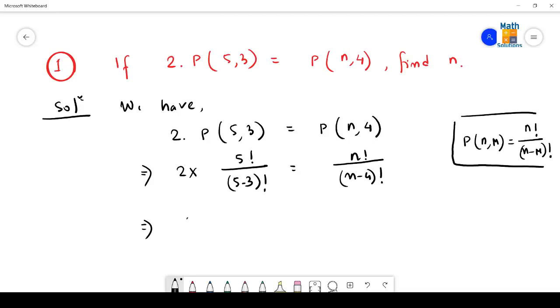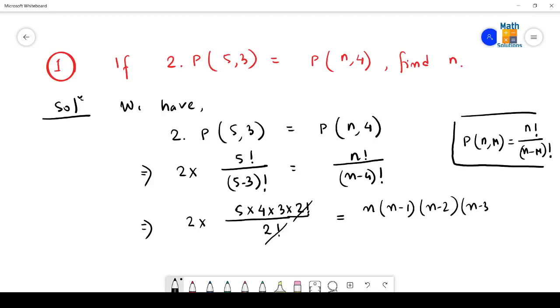So we can write further 2 into 5 into 4 into 3 into 2 factorial. I stopped here at 2 factorial because in the denominator also I am going to get 2 factorial. So both these two terms will be getting cancelled. On the other side it will be n into n minus 1 into n minus 2 into n minus 3 into n minus 4 factorial, and the denominator is n minus 4 factorial.